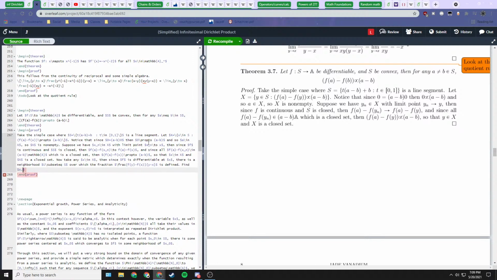Find s, t in 0, 1 such that x is b plus t times a minus b, and y is s times a minus b plus b.